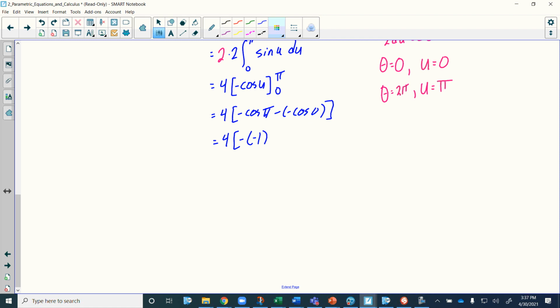Cosine of 0 is going to be positive 1, but then I have the double negative, so that becomes positive 1. And that becomes positive 1 plus 1, and you can see that's going to be 2. 4 times 2 is where we get an 8.